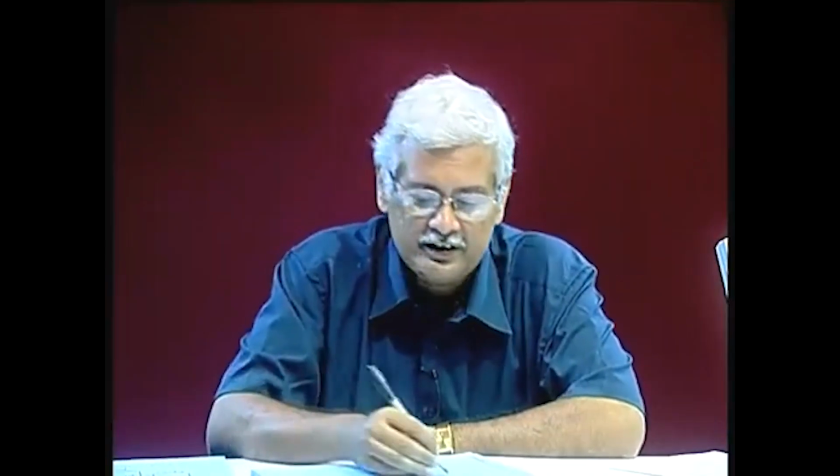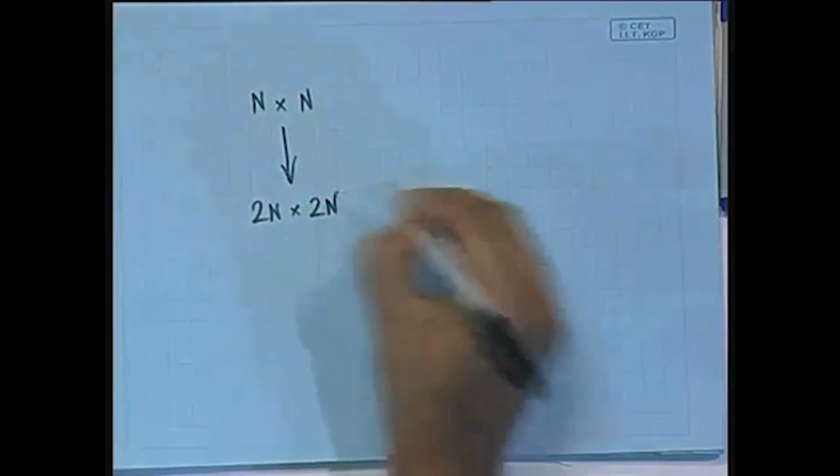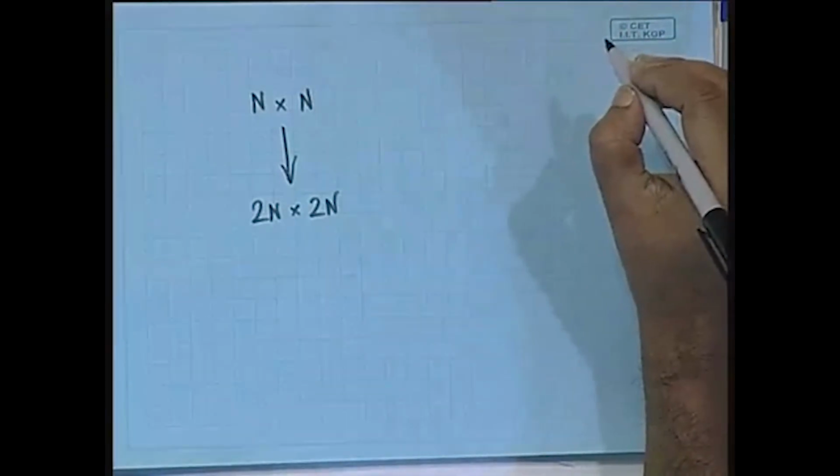So, essentially if you are incorporating some kind of interpolation, then you can increase the resolution of the image fictitiously. Let us say that if your image size is n by n, then you can convert this into an image of size 2n by 2n.